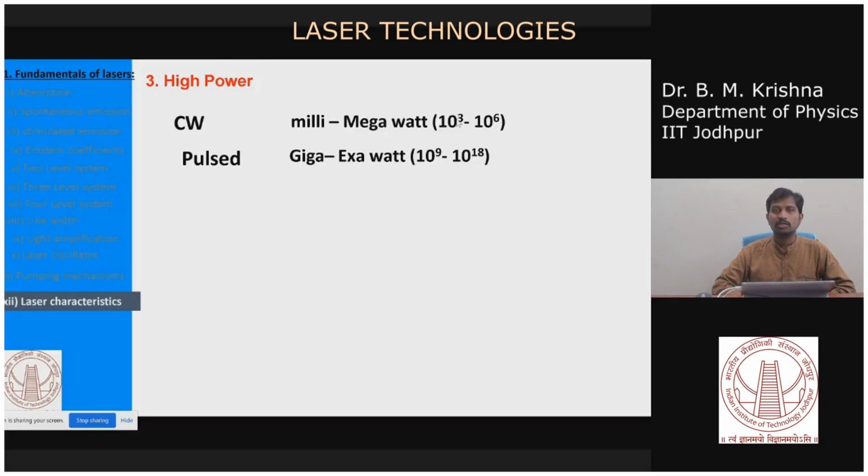We are still continuing to extend power generation. We don't know in the next couple of years or later how much further we can extend it. Research is continuously going on, but so far the record values are in the hexawatt. Okay, I will stop here. I will continue in the next class.